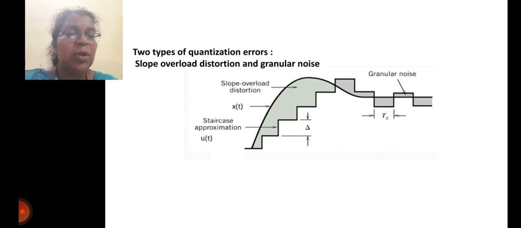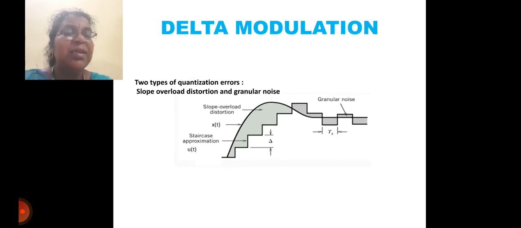So we can conclude slope overload distortion occurs due to small step size and granular noise occurs due to large step size. These problems can be eliminated by a new modulation technique called adaptive delta modulation.